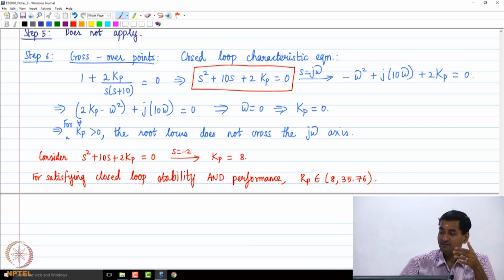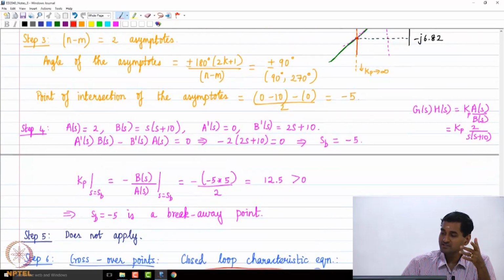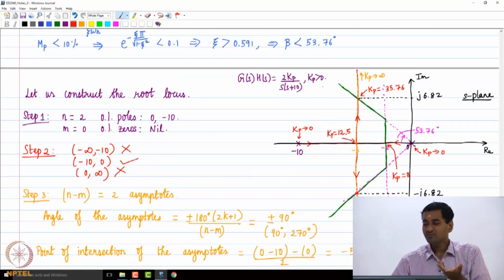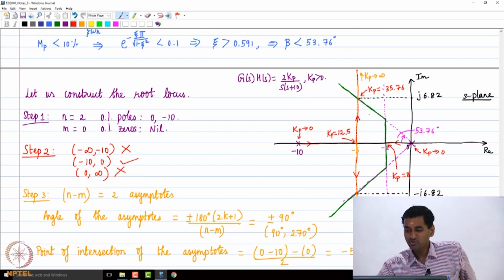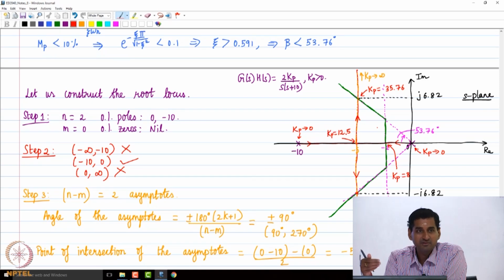And even if I go back to the root locus and look at this, I would design for some Kp between 12.5 and 35.76, because by and large we would want our closed loop control systems to be slightly underdamped. So if I want to satisfy the performance specifications and closed loop stability and still design an underdamped second order system, I would choose Kp between 12.5 and 35.76.